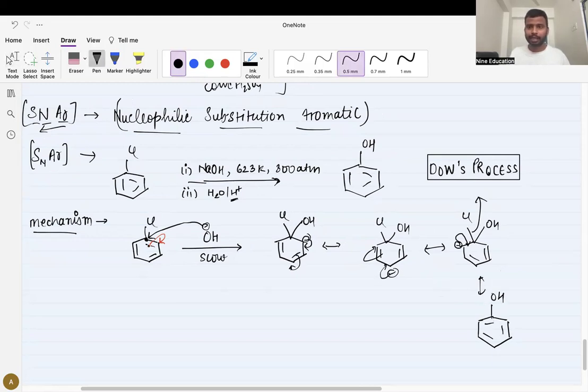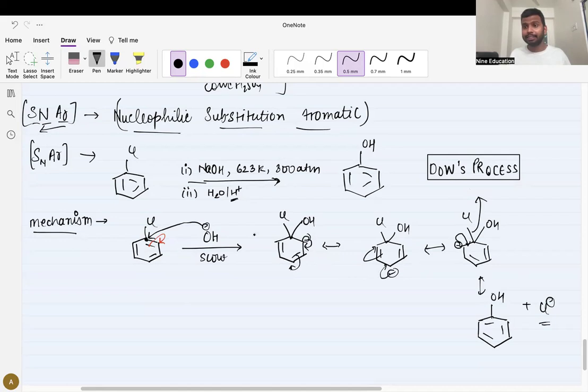If OH attacked here, aromaticity is lost, because you have an sp3 carbon here and it can't move. So again this negative will go through the whole of the benzene and will remove Cl minus as the leaving group. So Cl minus is removed. OH removed Cl by the Dow process.